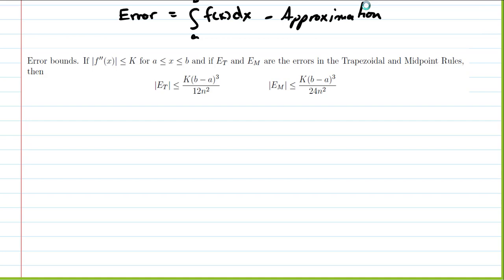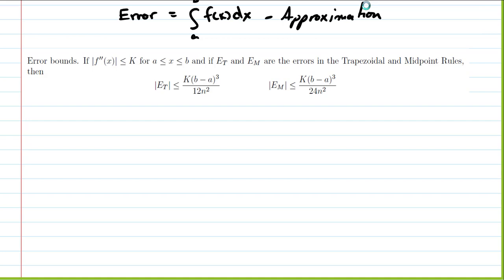So it tells us the error in the trapezoid rule is bounded by k times b minus a cubed over 12n squared, where k is the absolute maximum of the second derivative. And similarly, the error bound for the midpoint rule is k times b minus a cubed over 24n squared.